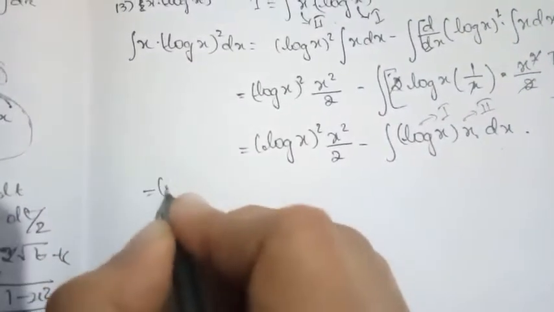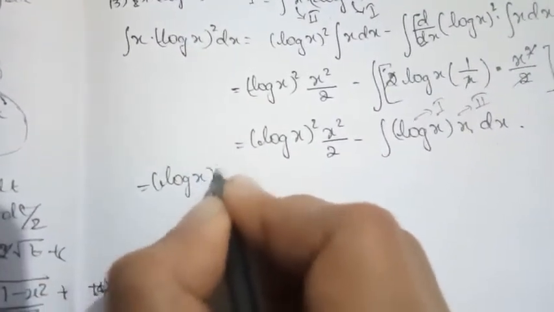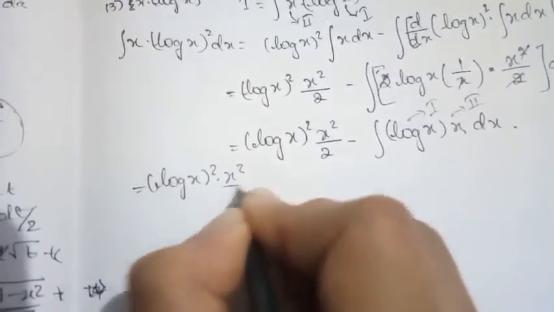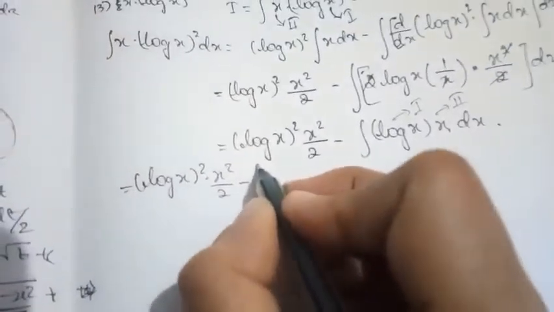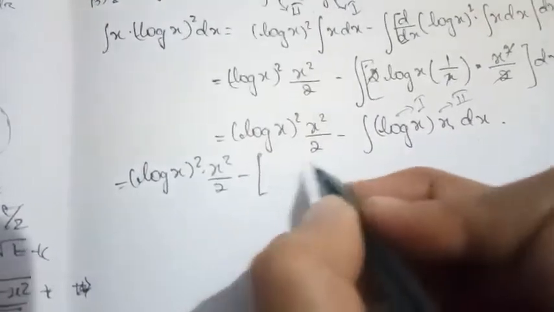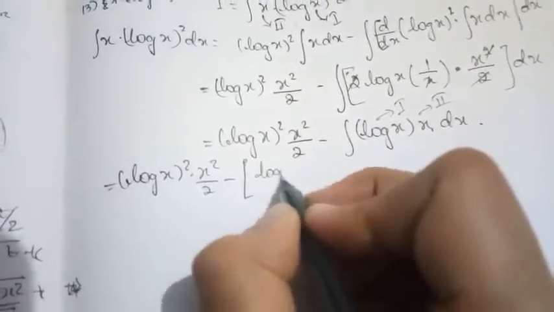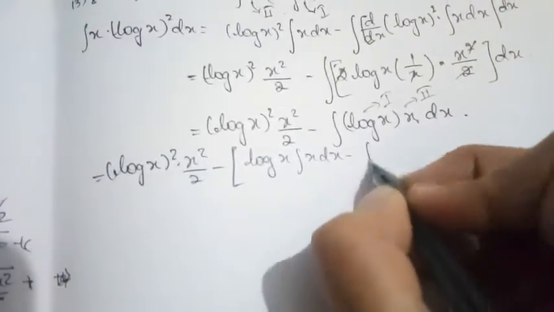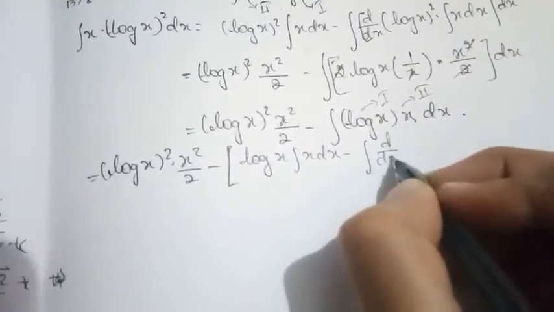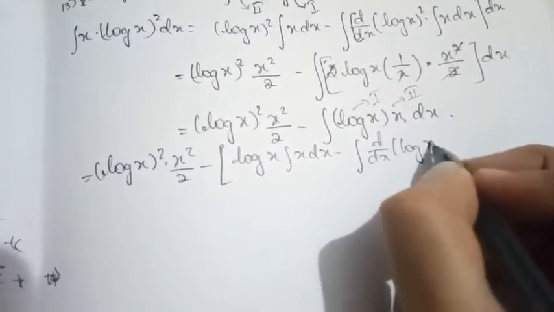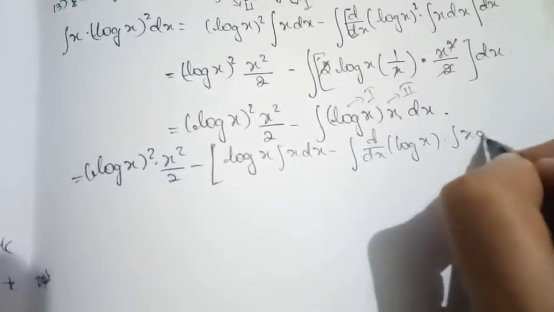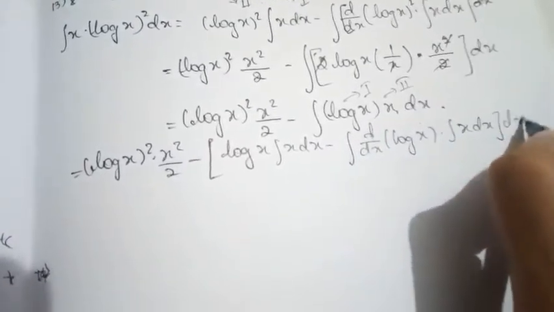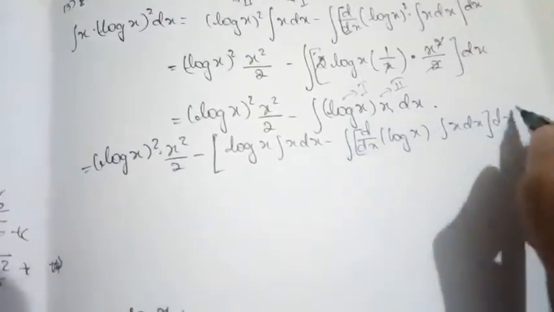What happens here? Log x whole square into x square by 2 minus, first function, that is log x, into integration of the second function, minus integration of the differentiation of the first function into integration of the second function. So this is what is going to happen.